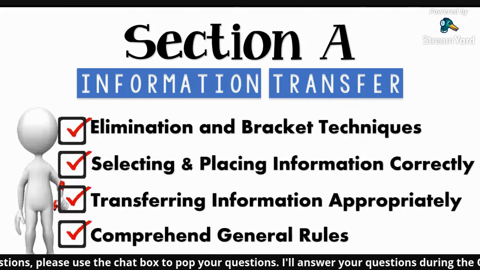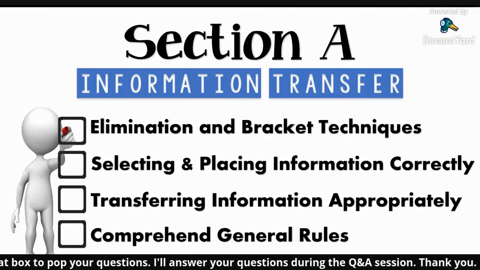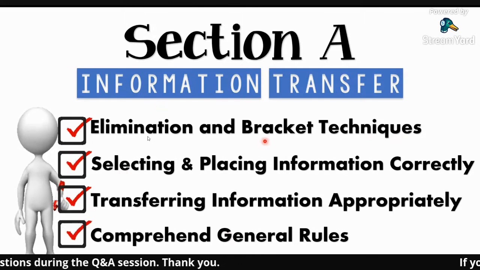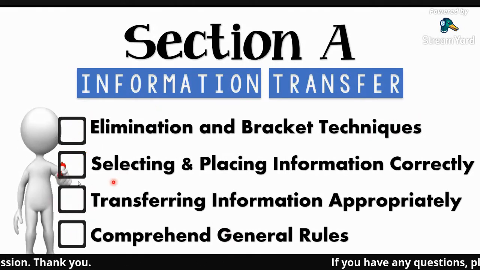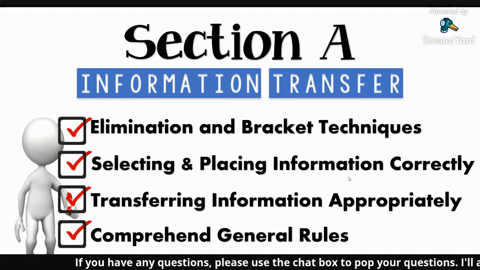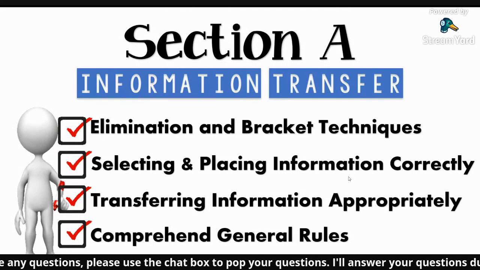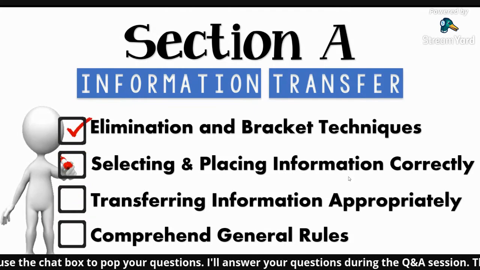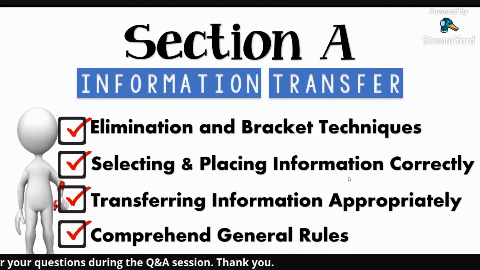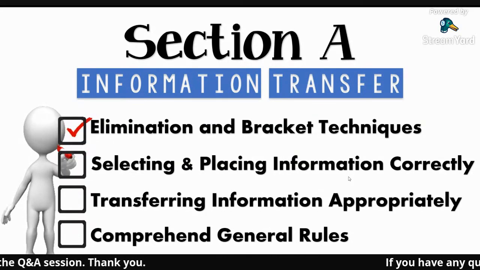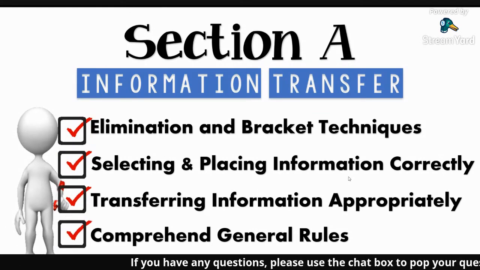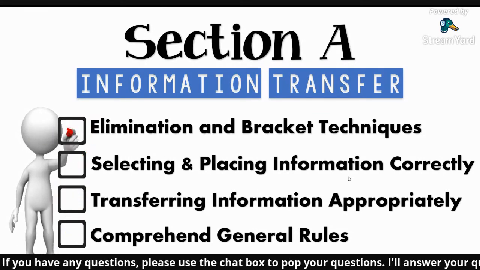So today we have gone through elimination and bracket techniques, as I've already taught you, selecting and placing the information. So we have selected the information correctly, and we have placed them correctly according to where it is supposed to be. The next one will be transferring the information. So when you transfer it, you must transfer it into the correct sentence structure.